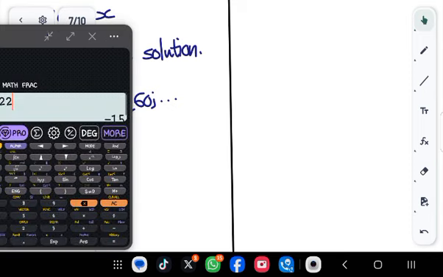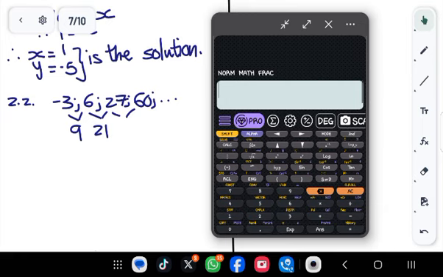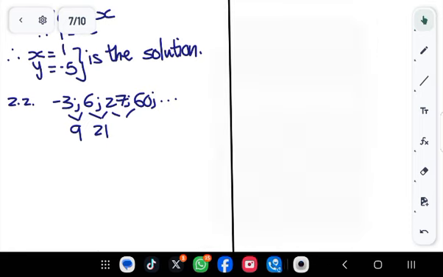Let's double check 60 minus 27. That gives us 33.